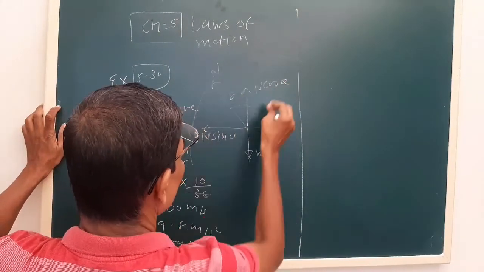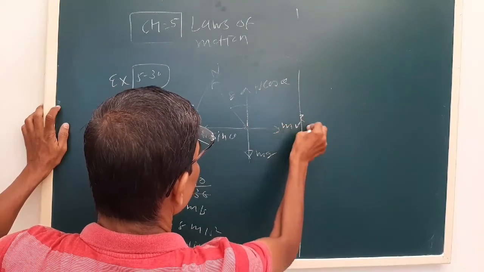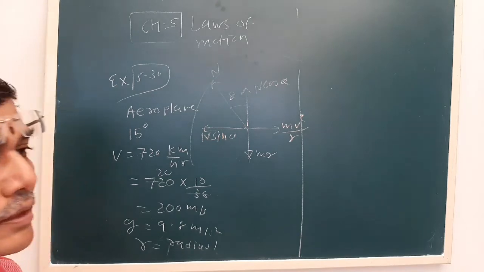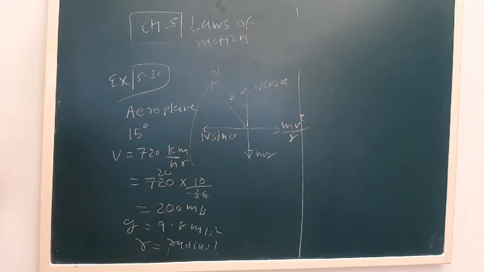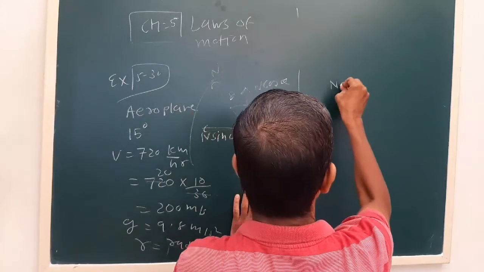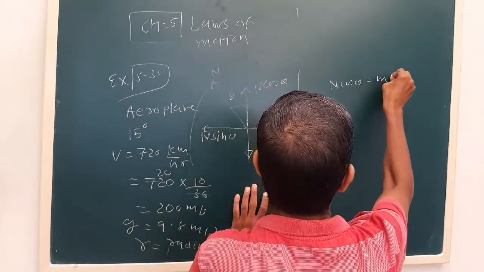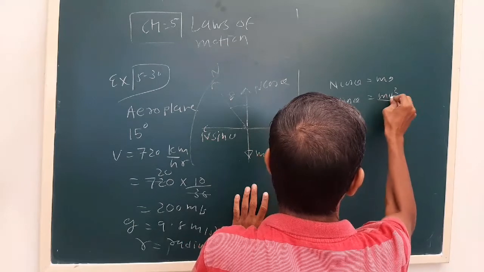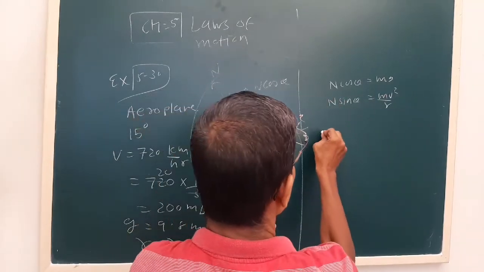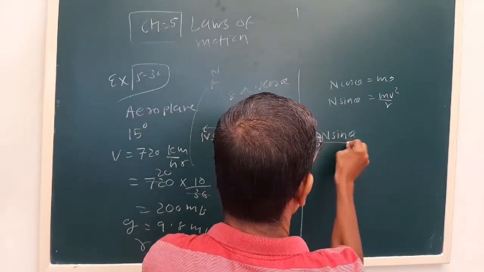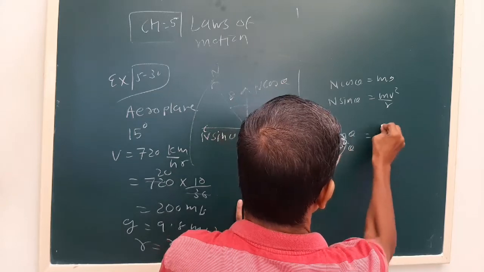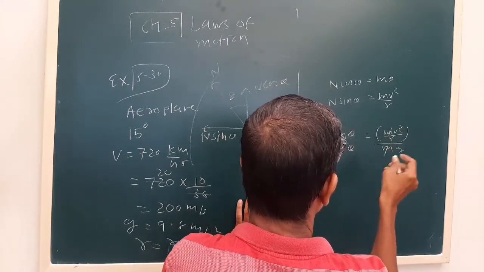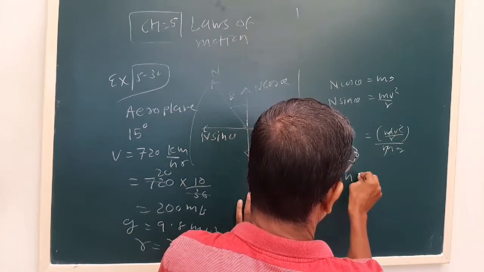Now again it is a circular path, so the centripetal force will be mv square by r. We compare the forces: N cos theta is mg and N sin theta is mv square by r. If I take the ratio, N sin theta upon N cos theta gives tan theta.